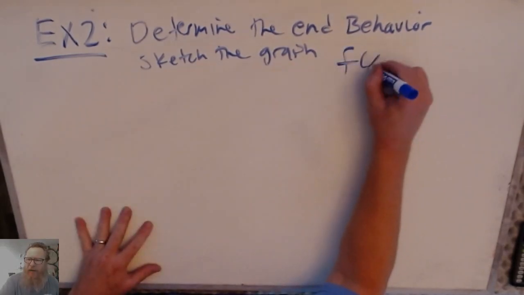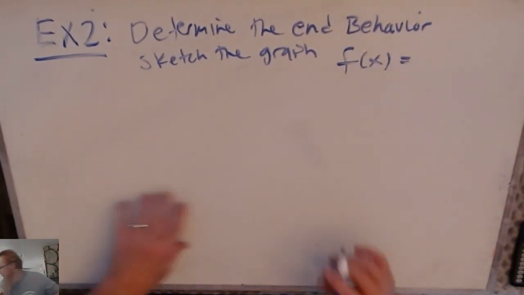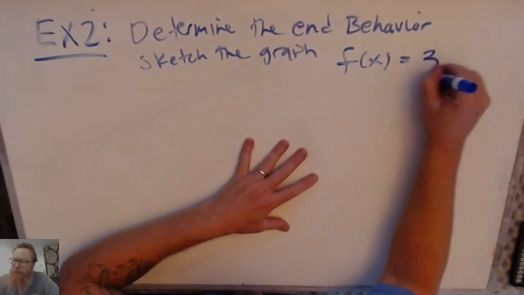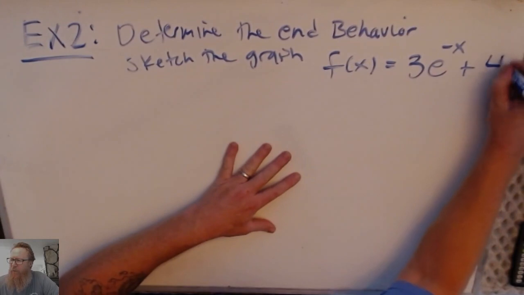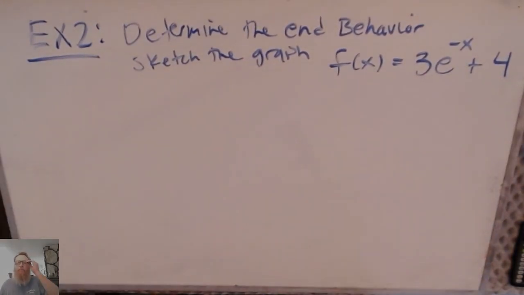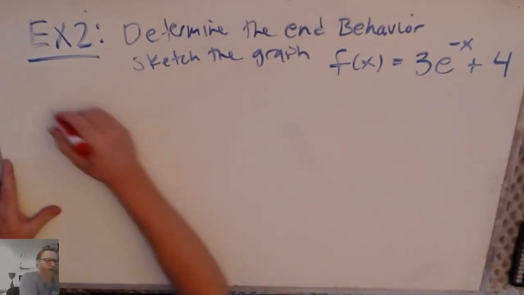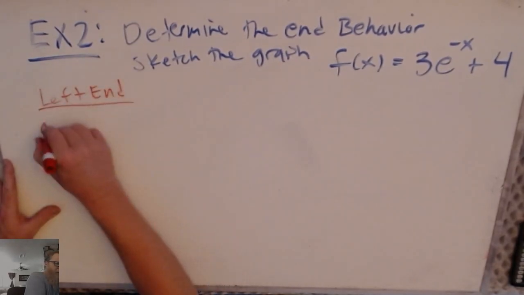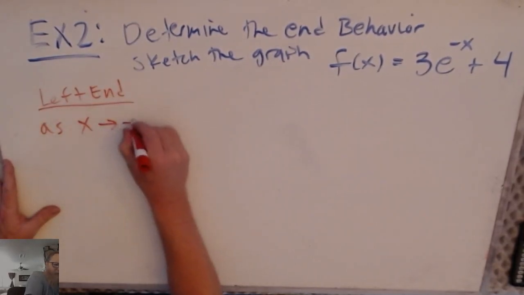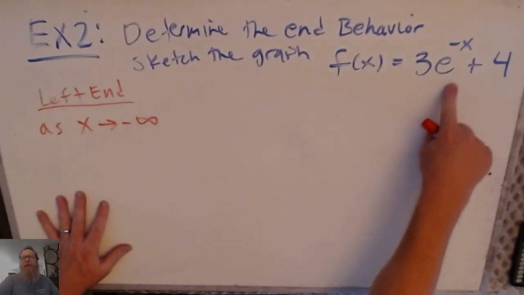So it's going to be f of x is 3e to the negative x plus 4. Okay, so let's do the left end. As x approaches negative infinity, what's happening to this function?